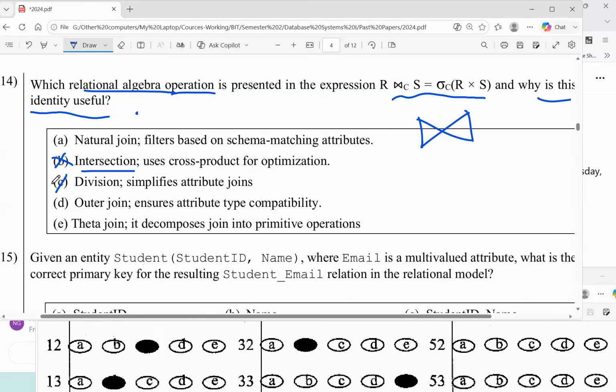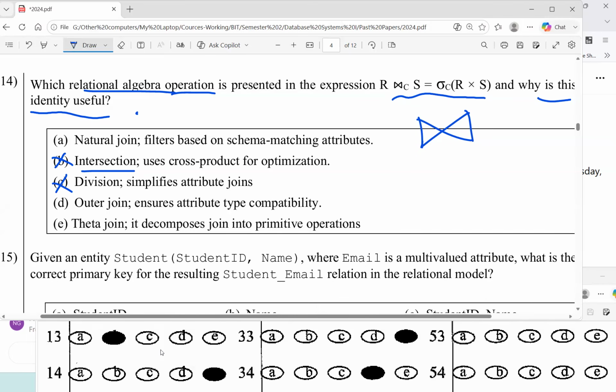This is not a division. This is not really outer join. Ensures attribute type compatibility. Theta join, it decomposes join into primitive operations. That, of course, I have no clue. Okay, let's see the answer. I'm not very sure about that one.